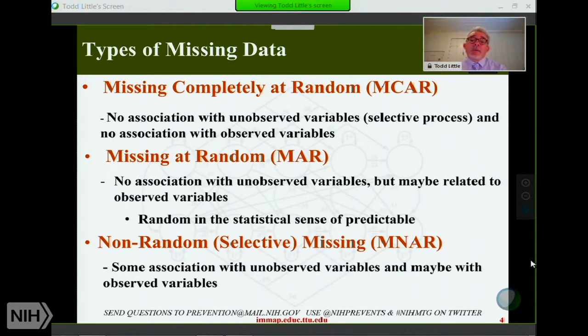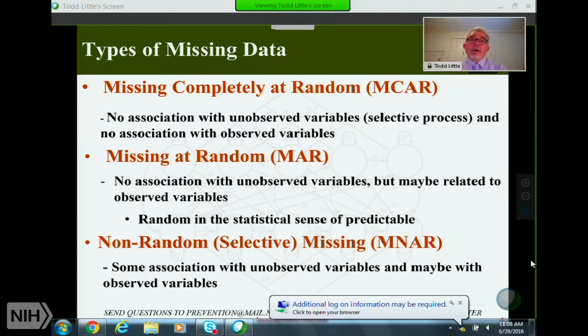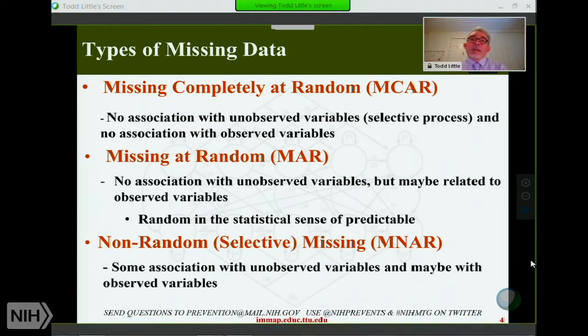The third mechanism, the missing not at random or the non-random selective missing, MNAR or NMAR, depending on your flavor of dyslexia: the data have gone missing for a reason, but unfortunately I do not have a variable on my data set that represents that particular reason, and therefore I have nothing I can condition my data on to rectify the problem. The classic example here would be something like income.